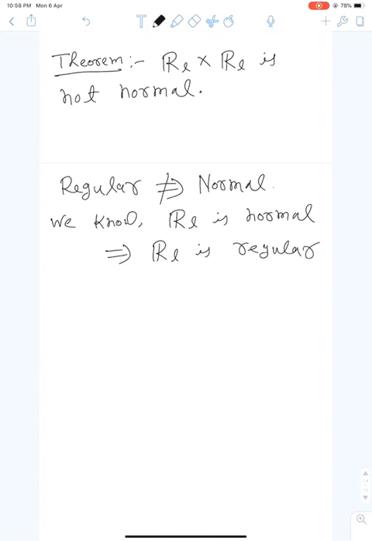Now since R_l is regular, and we know that an arbitrary product of regular spaces is regular, therefore the product of two regular spaces is also regular, right?